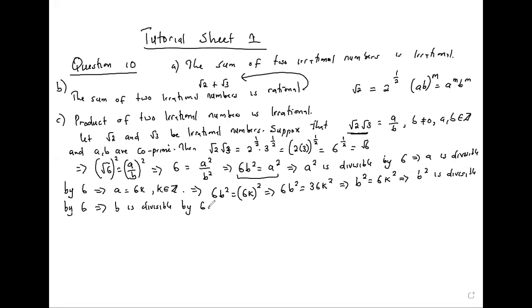Then you say, hence, the contradiction. And so, root 2 multiplied by root 3 is irrational.